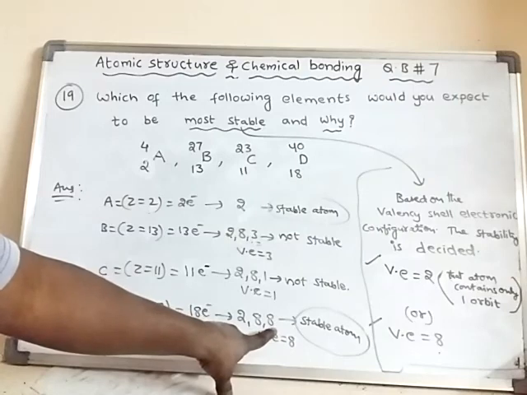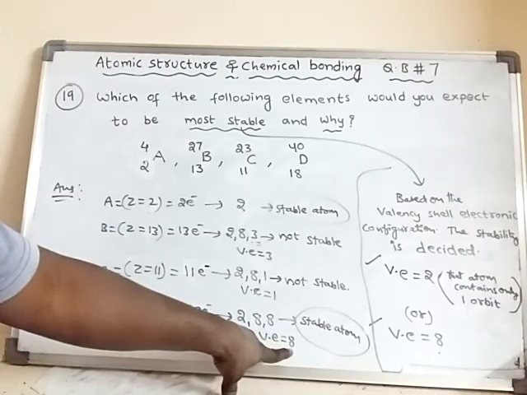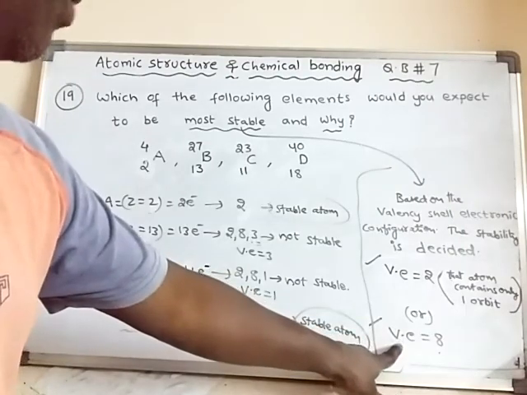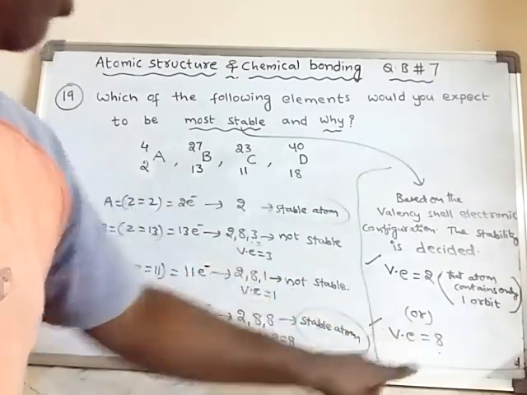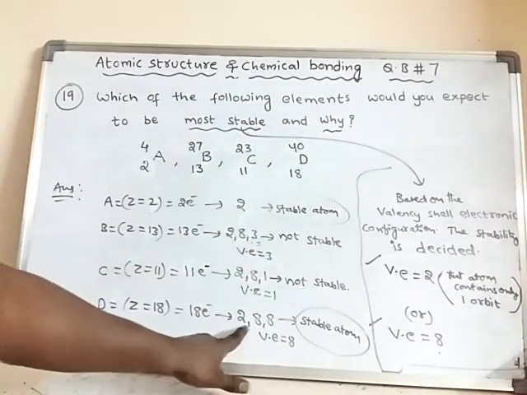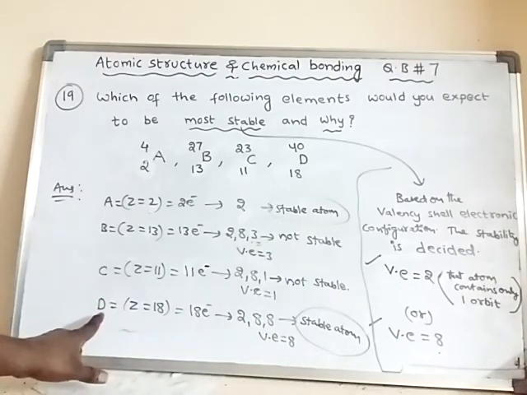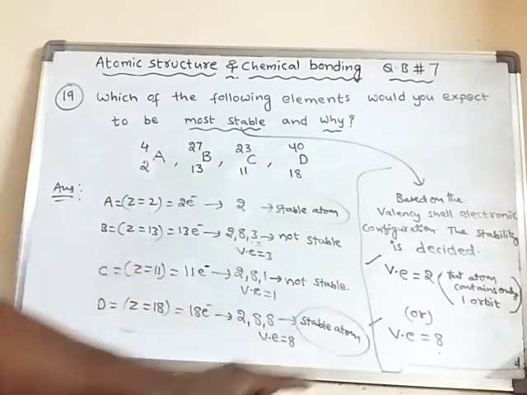This is the outermost orbit, so valence electrons are 8 in number. If an atom contains 8 valence electrons, it is a stable atom. So with this electronic configuration, element D is a stable atom.